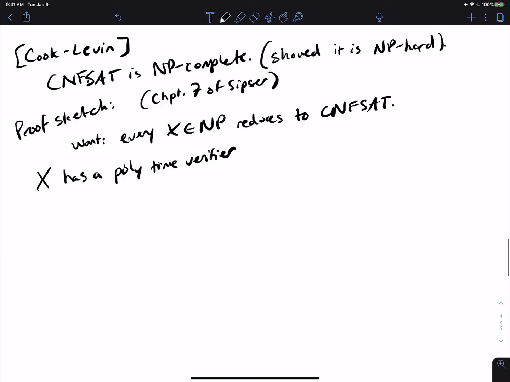But the other definition of NP comes to the rescue. Because it's in NP, there is a non-deterministic polytime Turing machine. So x has a non-deterministic Turing machine M running in polynomial time.